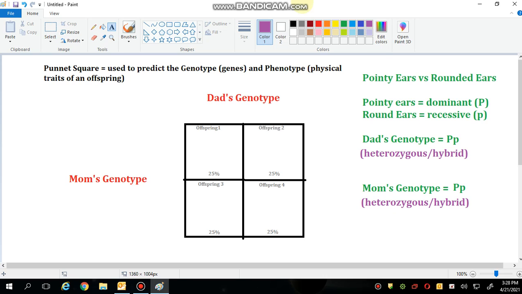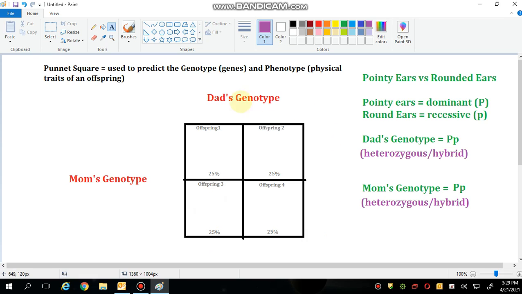Now in this example, I set up the Punnett square, which is that square with 4 little boxes. Each box represents an offspring number 1, 2, 3, and 4. And each box represents a percentage. So 25%, 25%, 25%, 25% for a total of 100%. I'm going to show you later on why that matters.